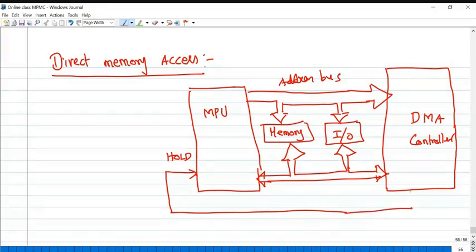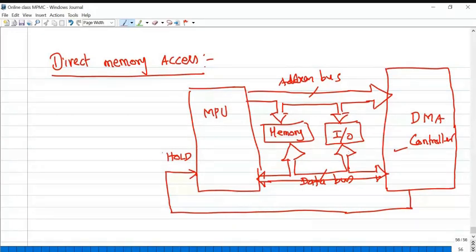HOLD is the signal sent by the DMA controller to the microprocessor to request the address and data bus of the microprocessor. The DMA controller sends the hold request to the microprocessor, informing it that the DMA controller needs the address and data bus for transferring or communicating some data between IO devices and memory.